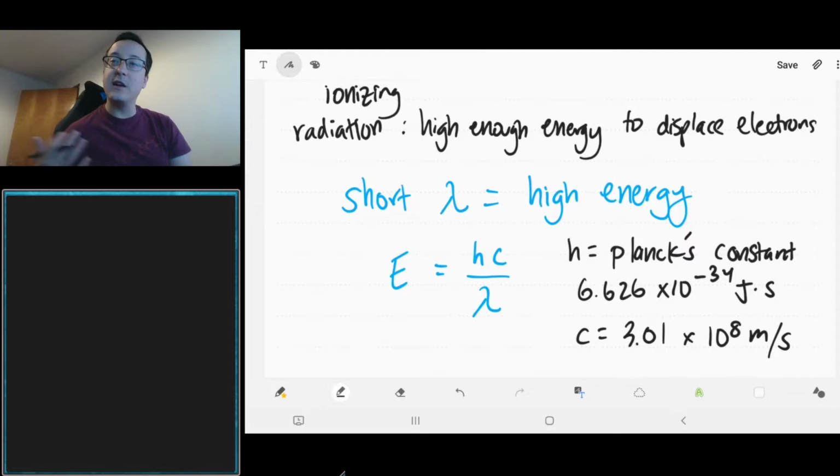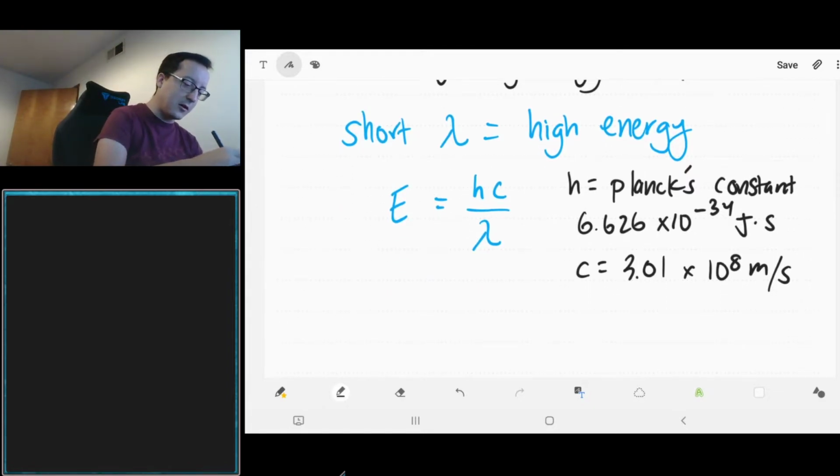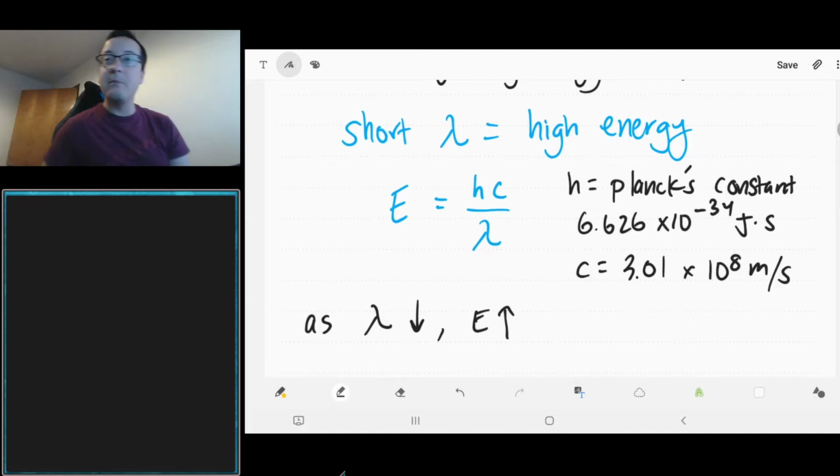However, I want you to understand that as wavelength goes down, the energy goes up, right? Because it's in the denominator. As your wavelength gets smaller, remember, if you're in the denominator, the smaller you get, the bigger your answer is going to be.